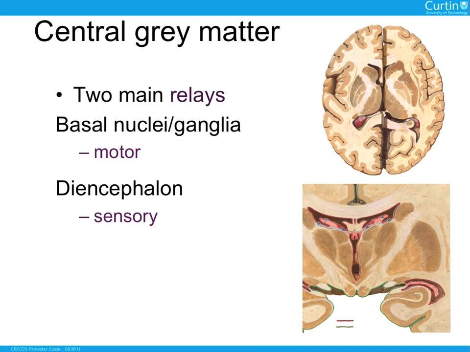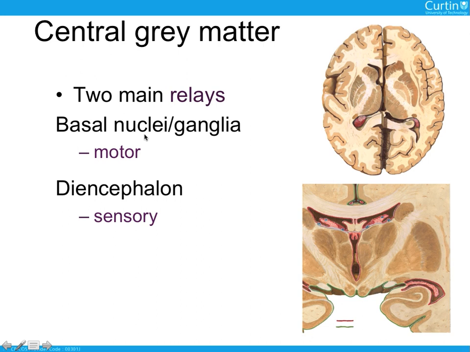So let's talk about two main relays. One is the basal ganglia, and really they should be called basal nuclei, but more commonly it's called basal ganglia. It shouldn't really be called a ganglion, because ganglia, as you know, are collections of grey matter within the peripheral nervous system, whereas a nucleus is a collection of grey matter within the central nervous system.